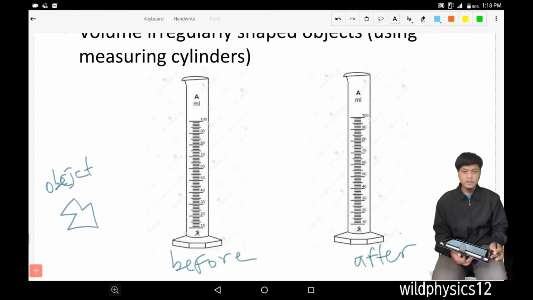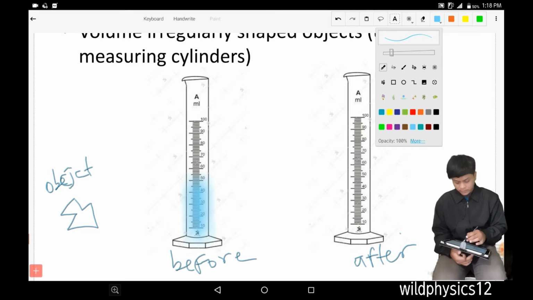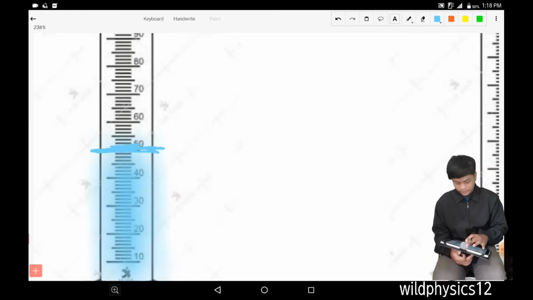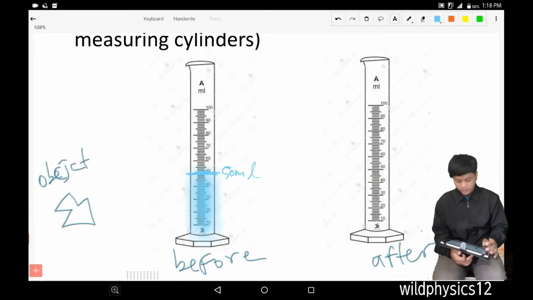Before the object is put into the cylinder, we fill it with water first. For example, this is the water, and from this picture it is filled up to 50. The water before the object is included is 50 milliliters.